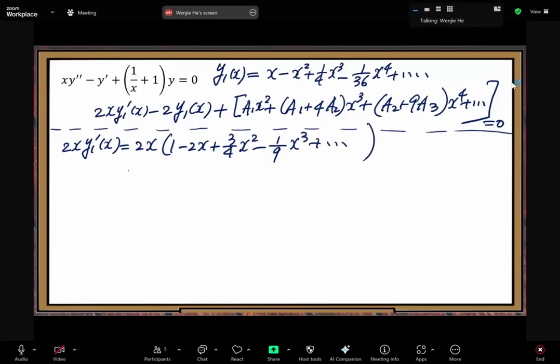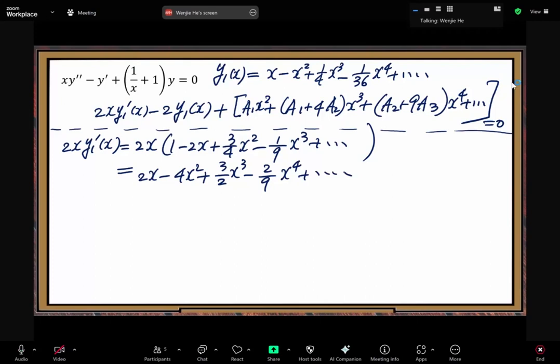So that's 2x minus 4x squared plus 3/2 x cubed minus 2/9 x to the 4th.